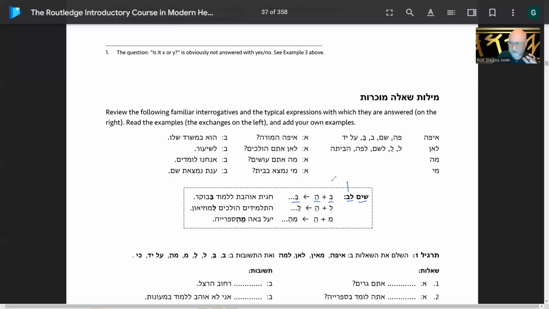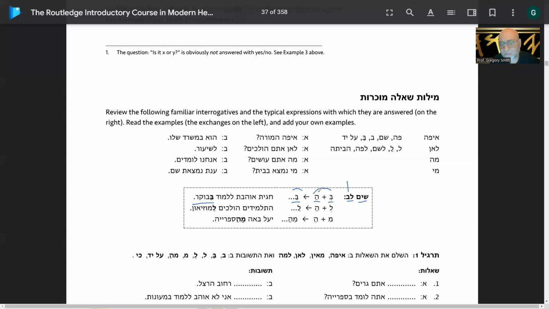When you have a definite, when you're saying in the house, instead of saying ha bayit, it's ba bayit, in the house, if you were to use that example. And then it all just kind of converges together into this. But in this case, they're using ba boker, which is in the morning.